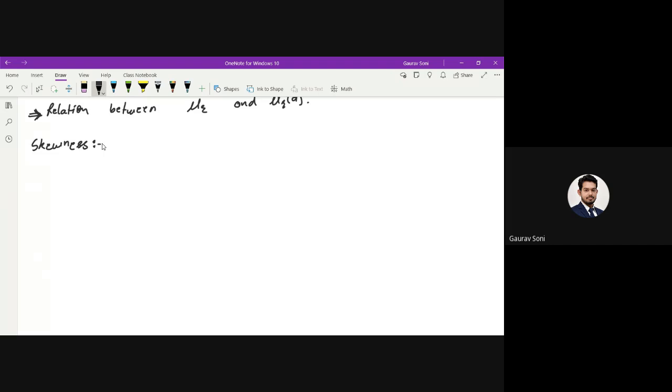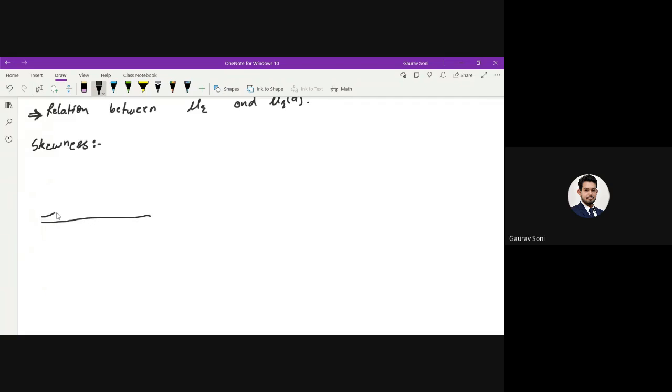Wherever your curve is stretched, either on the left hand side or on the right hand side, we discussed these cases. There were three cases that we saw.